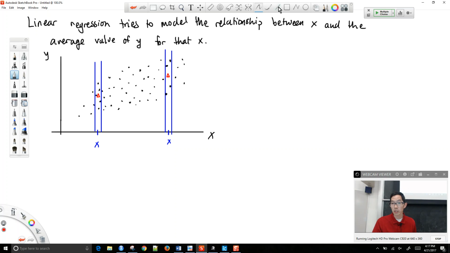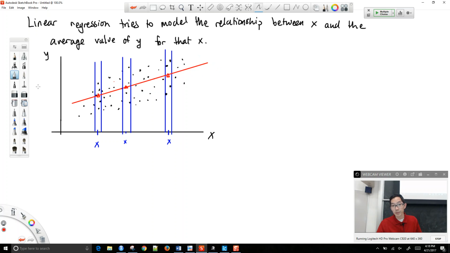And so what linear regression is attempting to do is find the relationship that models this, where the averages line up. If we were to draw another x value and take a slice of these data points, that's what linear regression is trying to do.